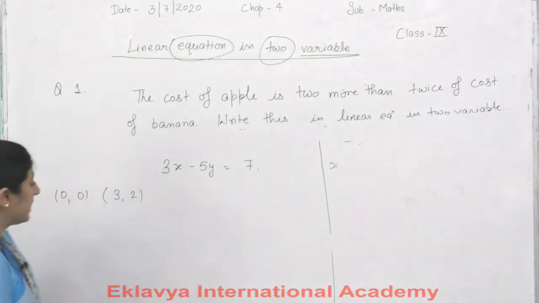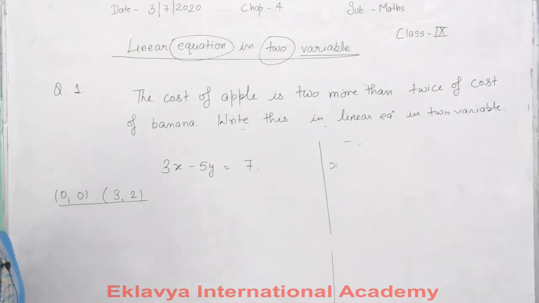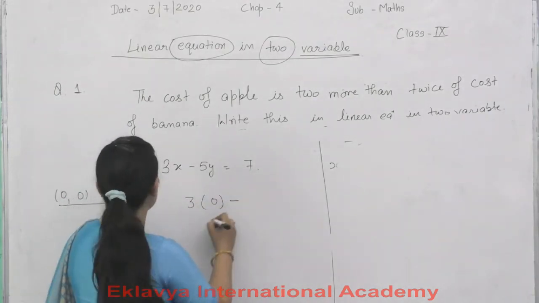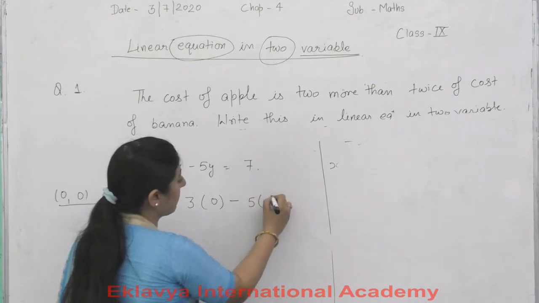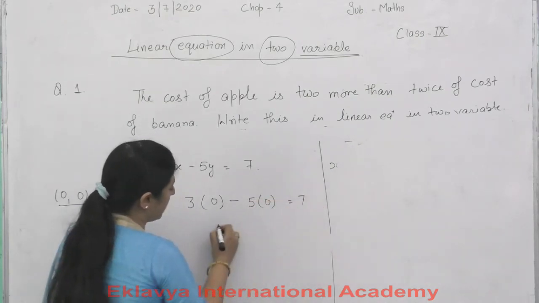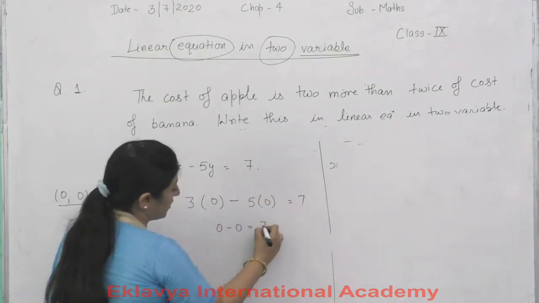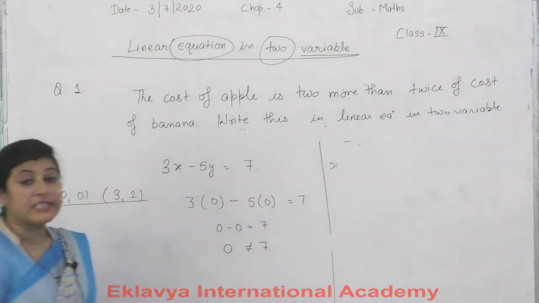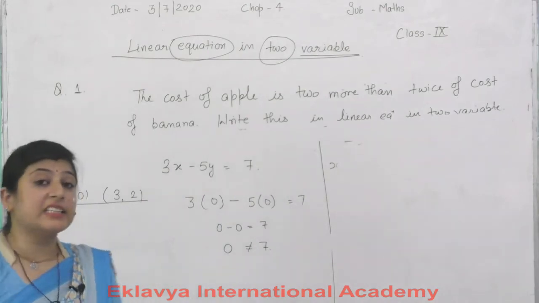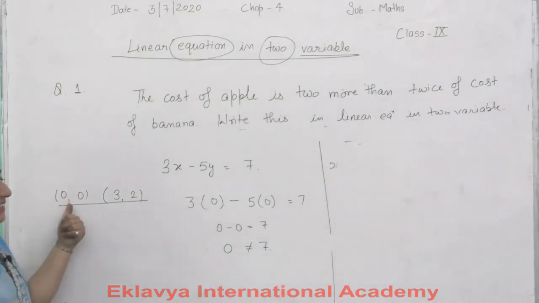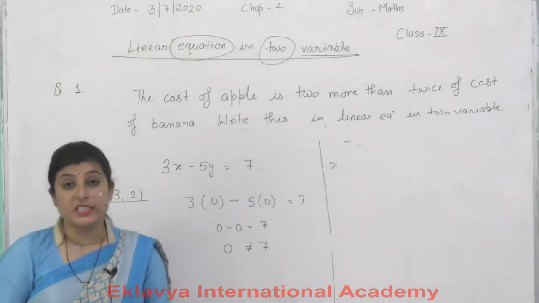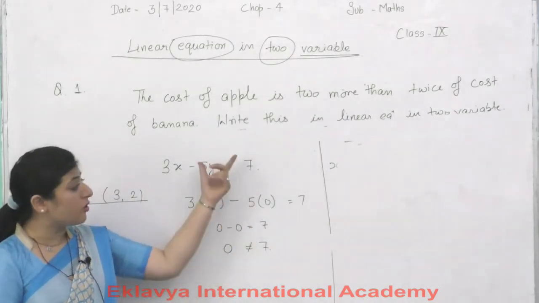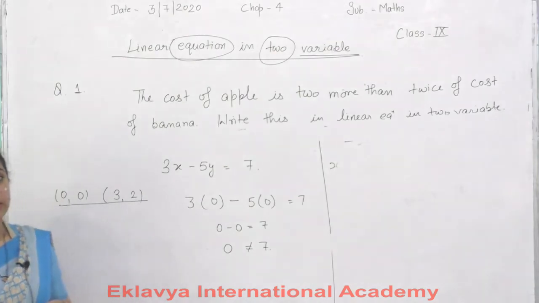How to check it? Write down the values. That is 3 multiplied by 0 minus 5 multiplied by 0 is equal to 7. 0 minus 0 is equal to 7. 0 does not equal 7. It means LHS and RHS are not equal. Then this given ordered pair is not a solution of the given equation.